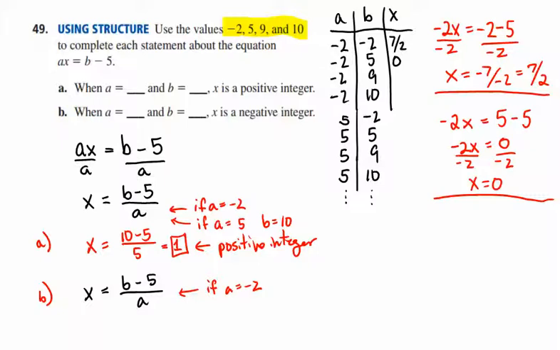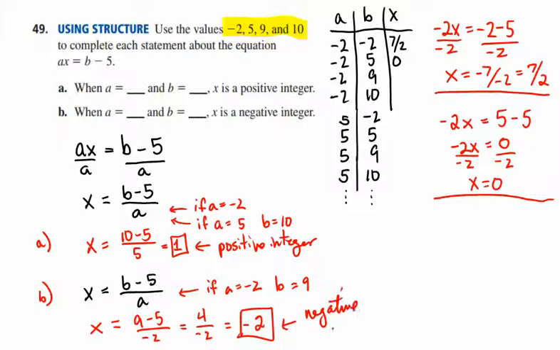So if a is equal to -2, b would be equal to 9, and finally x is equal to 9 minus 5 over -2, which is 4 over -2, which is -2, and that is a negative integer.